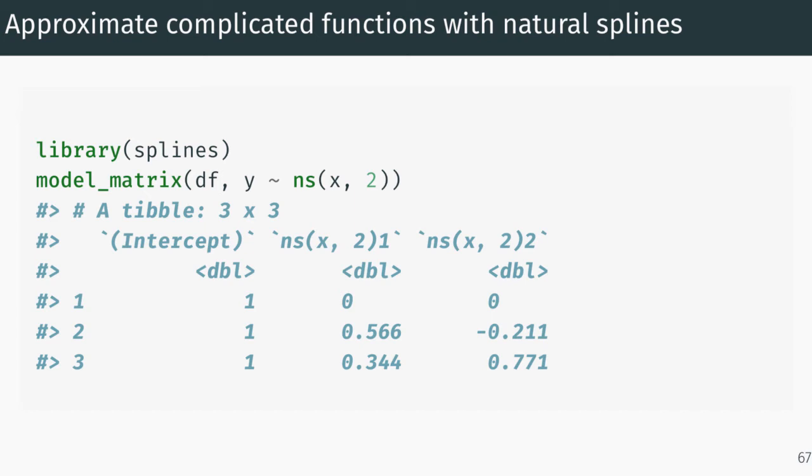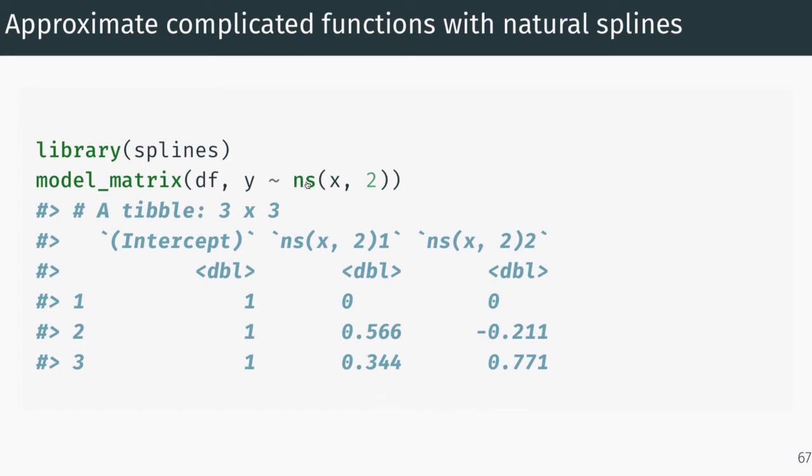And that's great, but the authors recommend against it, and I'm going to skip all the part where they recommend against it and just go right to what they recommended instead, which is to use natural splines. So we're going to load the splines library and try a natural spline of degree 2 on this data, and you see that we get more than what we appear to have bargained for, because this generates cubic splines of degree 2, degrees of freedom 2.